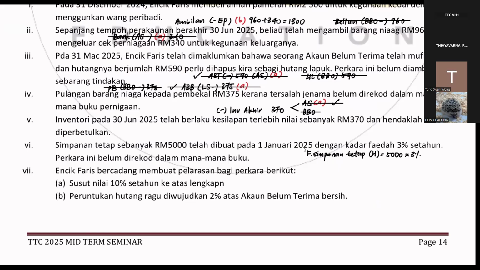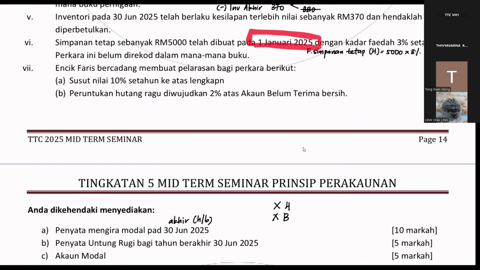But take note, whenever see date, you need to be careful on the tempo. We put the value, we save the money since 1st January. But up to year end, 30th June. How many months of faedah we need to calculate from here? From 1st Jan until 30th June, that is 6 months. So we need to times 6 over 12. Then we will get 75.